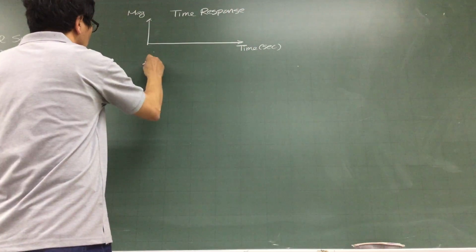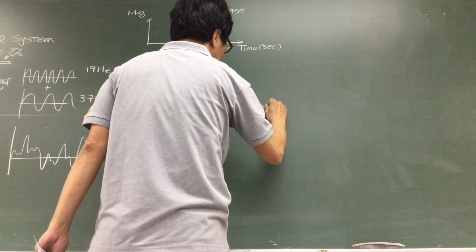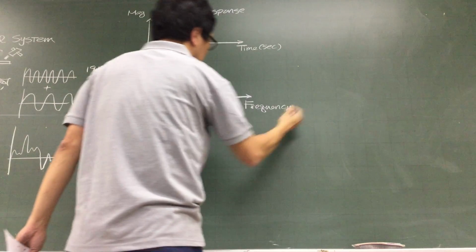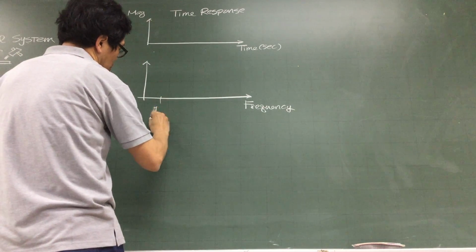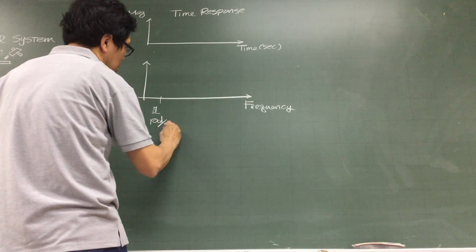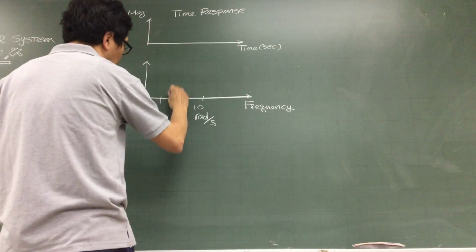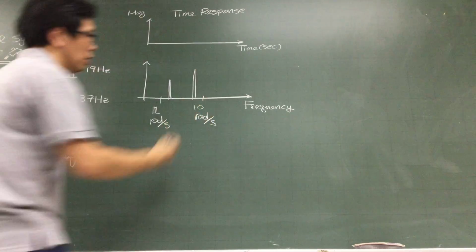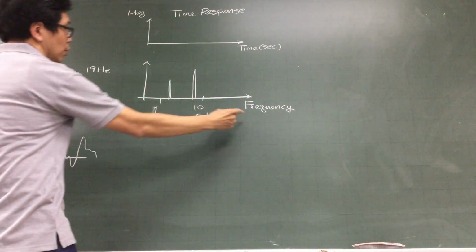The second one is frequency. So you've got 1 Hertz, let's say 1 radian per second, 10 radians per second, and you've got 1 peak over here, another peak over here. This is frequency.